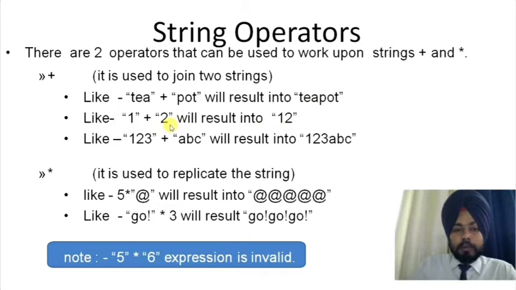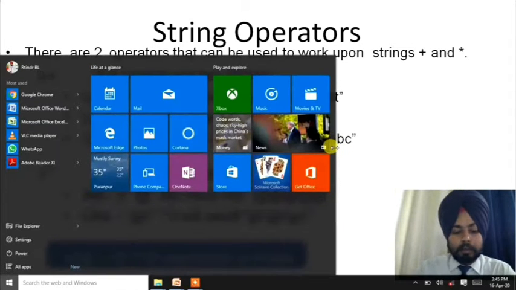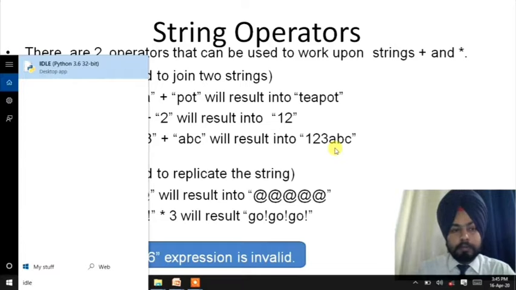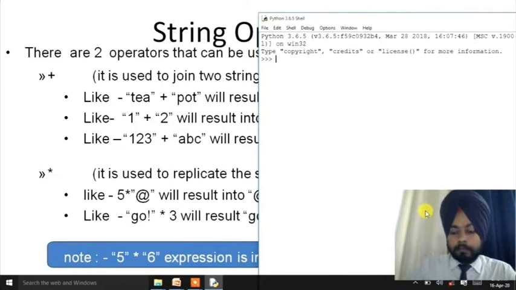Here I'll show you in the practicals. 1 2 3 plus ABC will result in 1 2 3 ABC. Let's have a look again. T plus pot, the answer will be teapot.